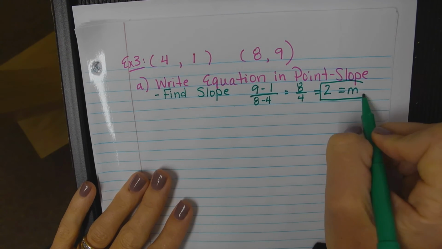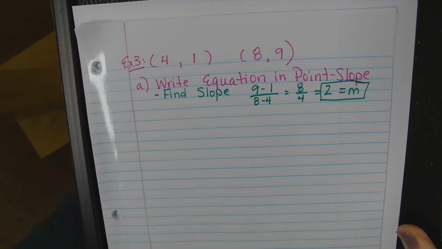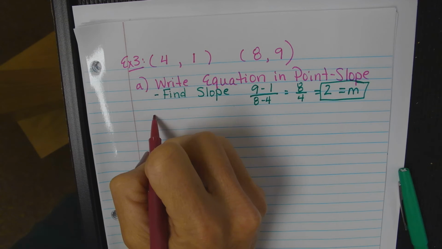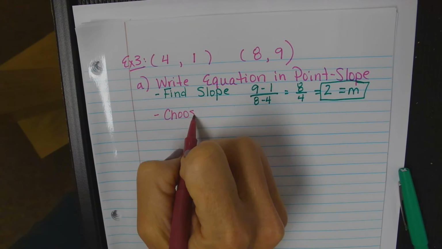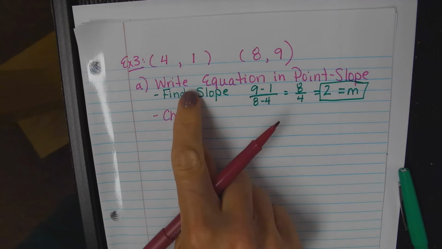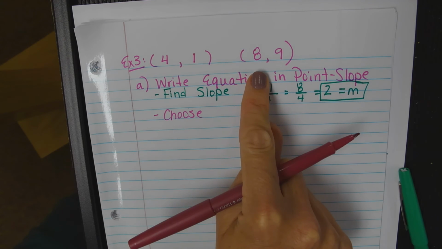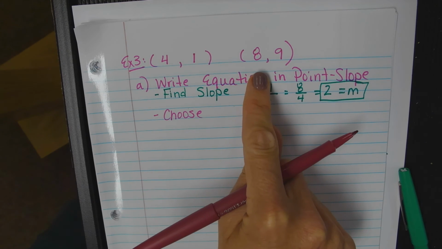Okay. Now, Austin, we have the slope, and we have 2 points. Do you remember when I said choose a point? It's the same thing. So now choose a point. Which point would you choose? It doesn't really matter, but I have my opinion. I think 4, 1 looks easier to me because there's no negatives. In the long run, it's not going to matter.